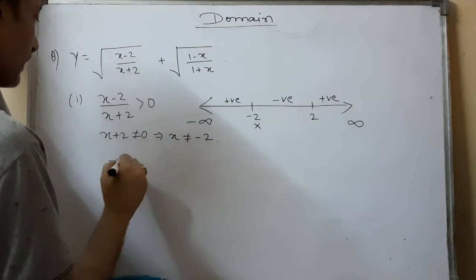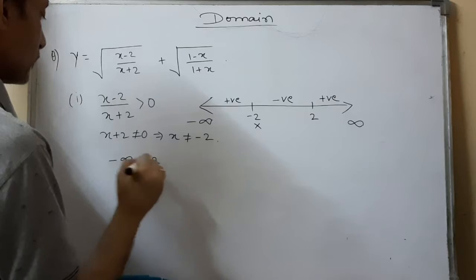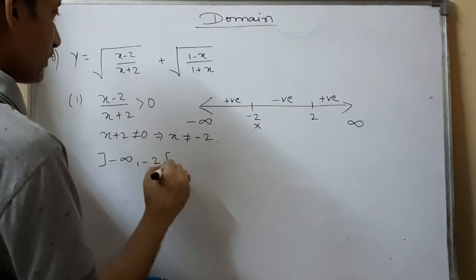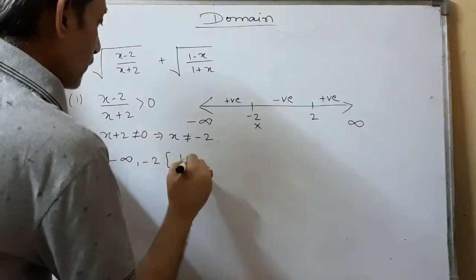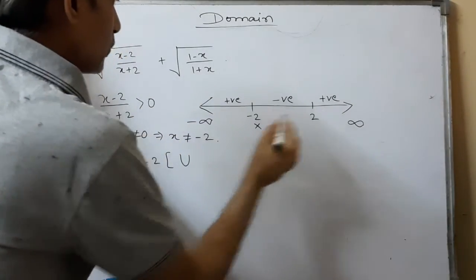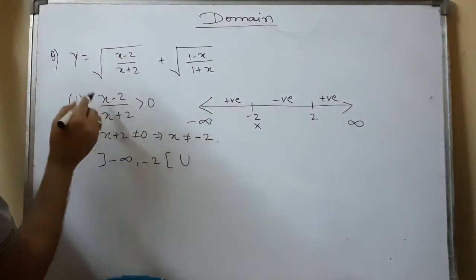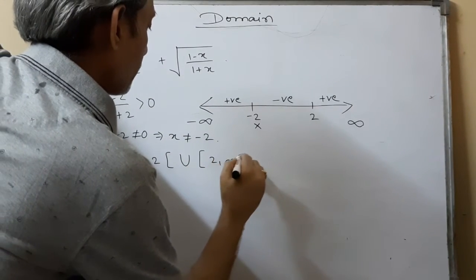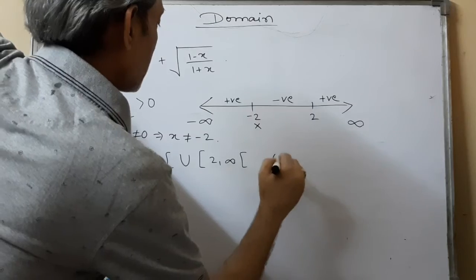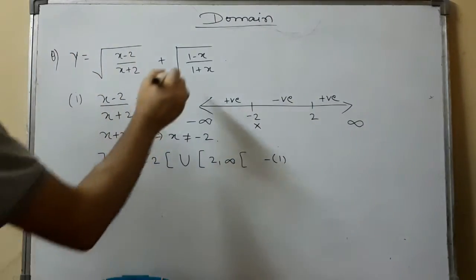So we are getting -infinity to -2, both are open. Since -2 cannot be included here, this union 2 can be included. So from 2 to infinity, this is the first thing, first part.